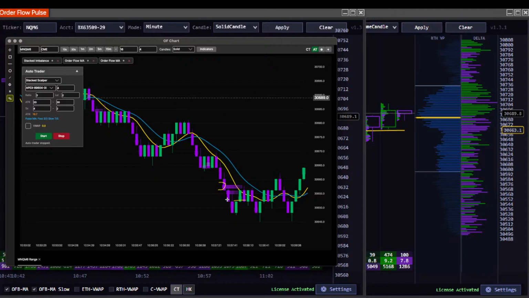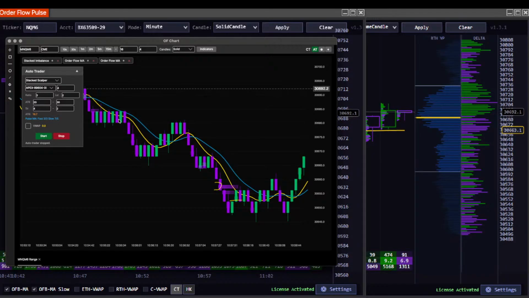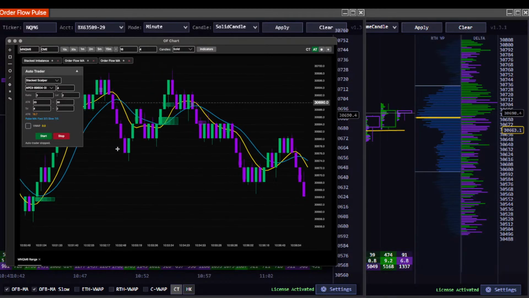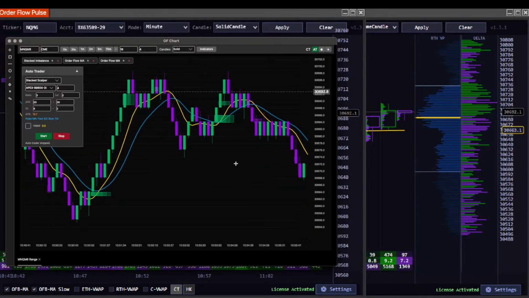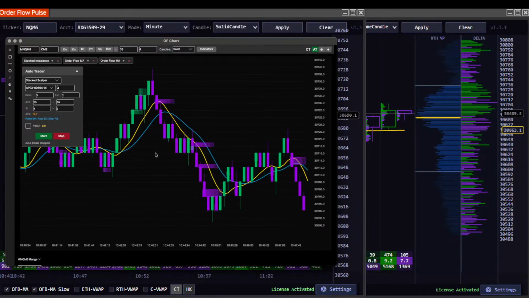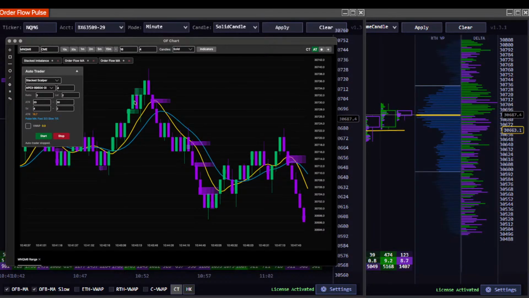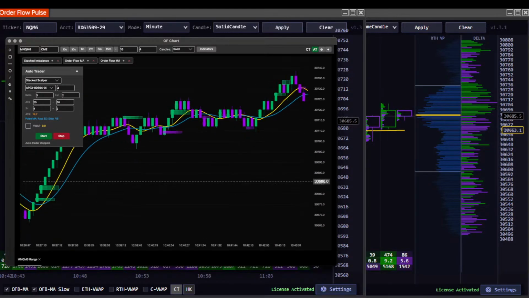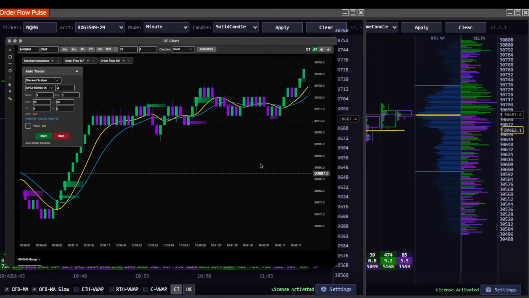On a 16 range chart, it would have taken that trade, but it would have gotten stopped out at break even. It would have taken this one here and gotten out down here. A 16 range chart is equivalent to a 3-second chart.